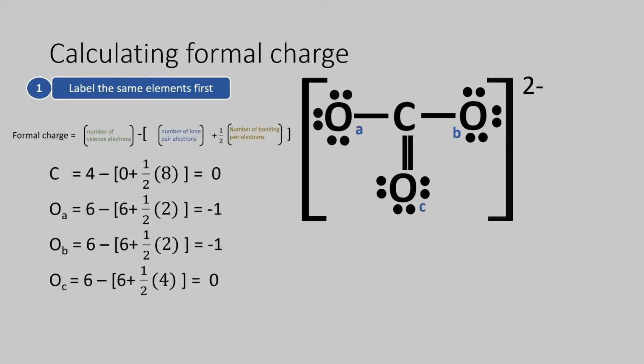Kita dah kira. Kursi tu kenapa kosong? 6 tolak 6 plus half darab 4. Oh, this one I made something salah.